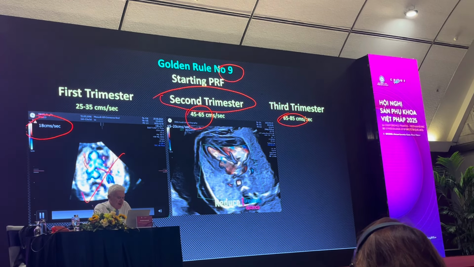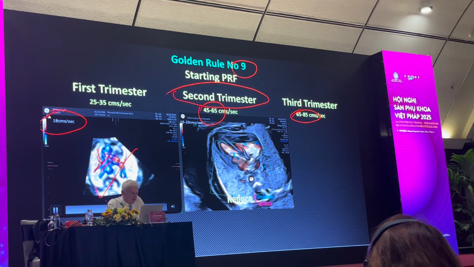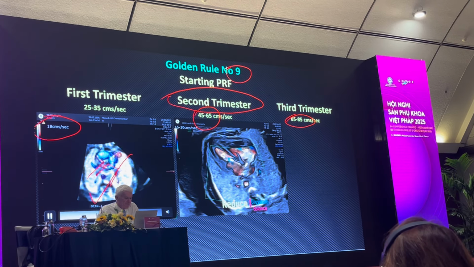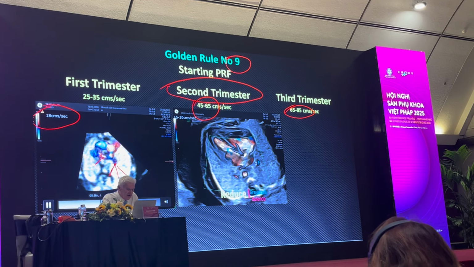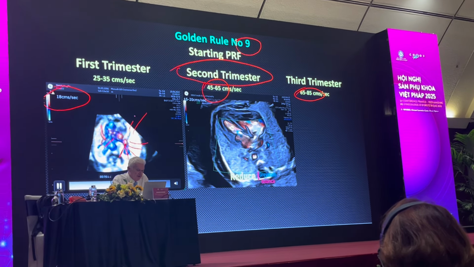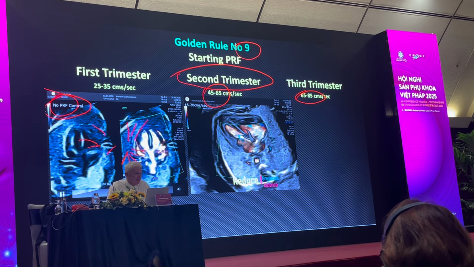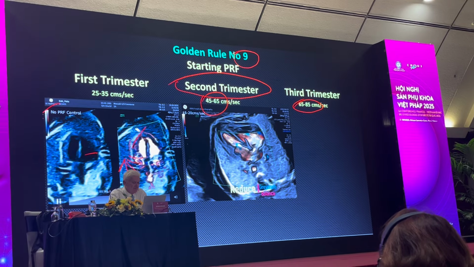Now you can see the branch pulmonary artery, right pulmonary artery, left pulmonary artery, but also you can see the other tiny branches of the pulmonary artery. So if you look here, this is the right pulmonary artery giving off tiny branches. These are the pulmonary veins coming in here. Because my PRF is set at 18, so depending what I'm looking at in the heart will depend on my settings.